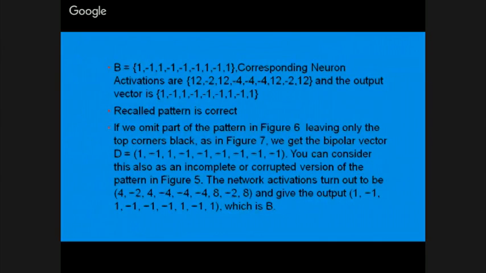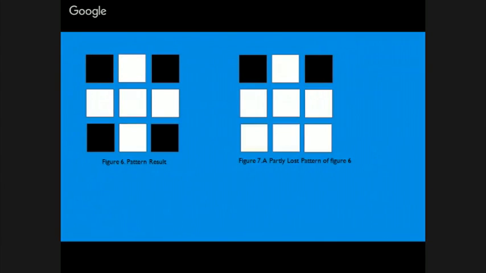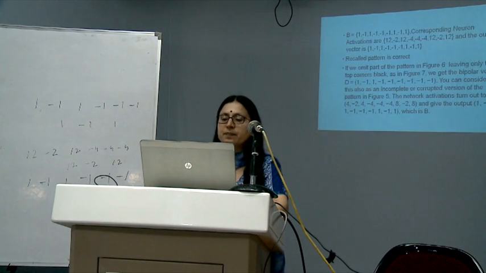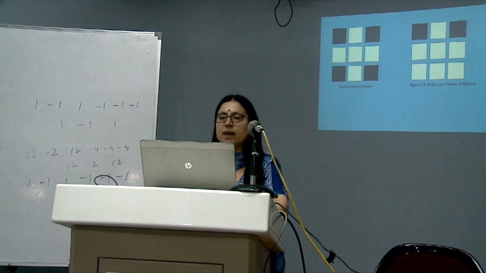Similarly, if we go back and see figure 7, I have shown a partly lost pattern. If we compare figure 6 and 7, the last two elements of the last row are missing. So this vector would be 1, minus 1, 1, and then all minus 1s.